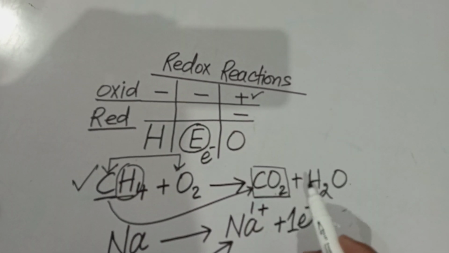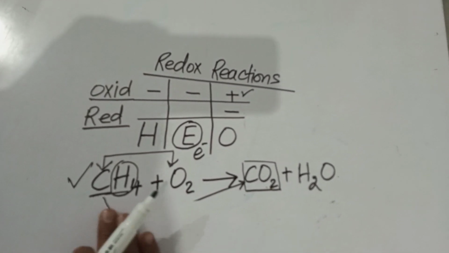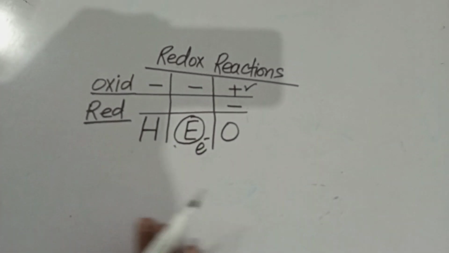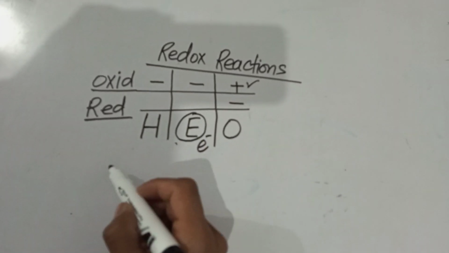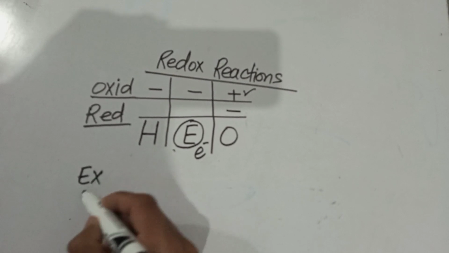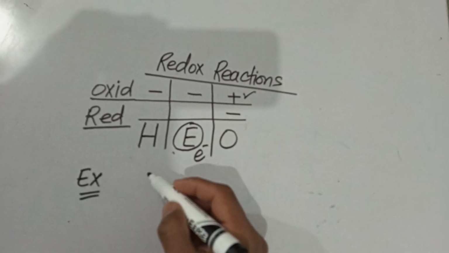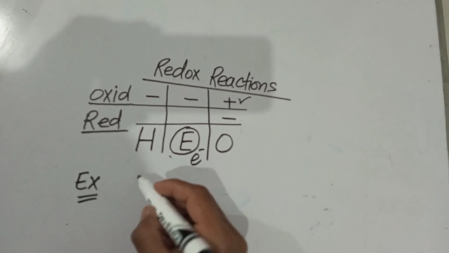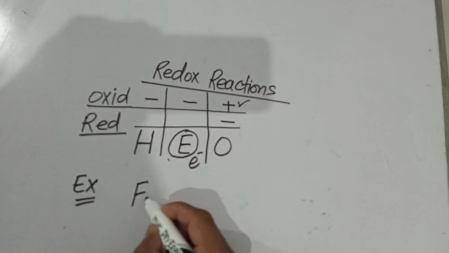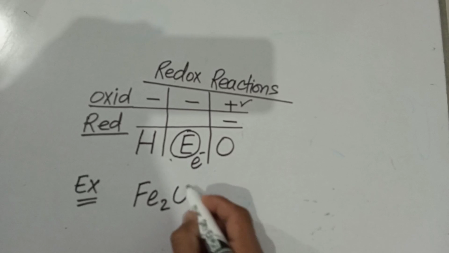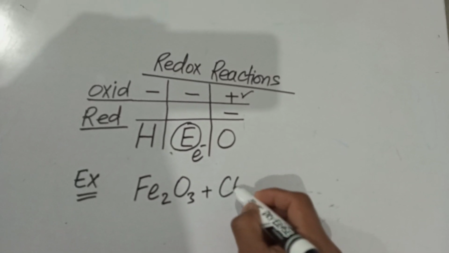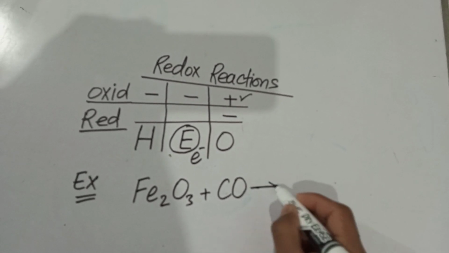For example, Fe2O3, iron oxide, is reacted with carbon monoxide.